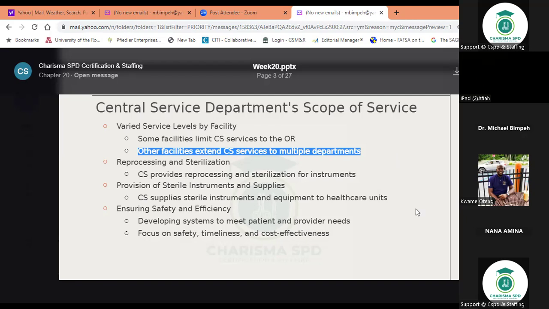Now, central service delivers sterile instruments and equipment to healthcare units, ensuring safety and efficiency. We want to make sure that we deliver things to them in a way that their integrity is maintained, that is safety and efficiency. Efficiency, how? They receive them on time, the way it should be, in the right quantity.